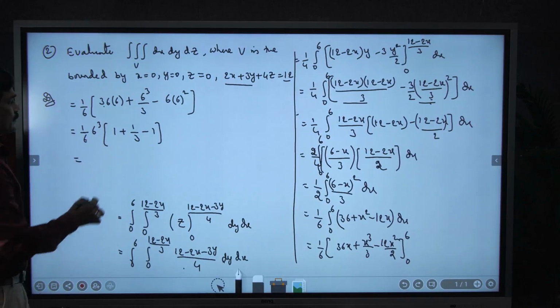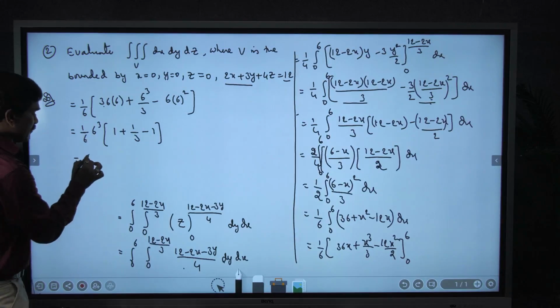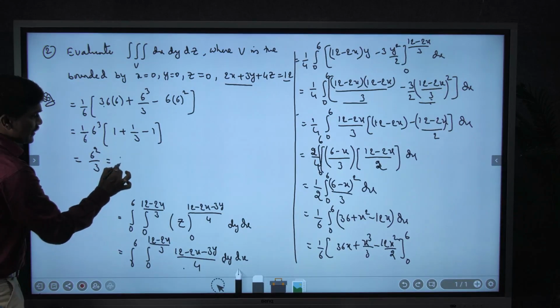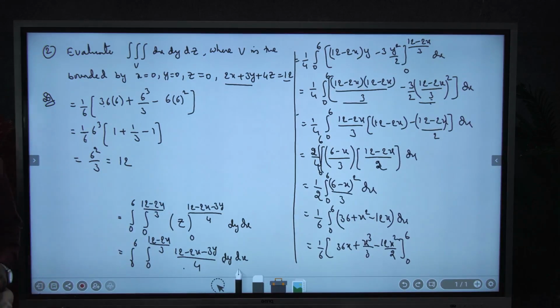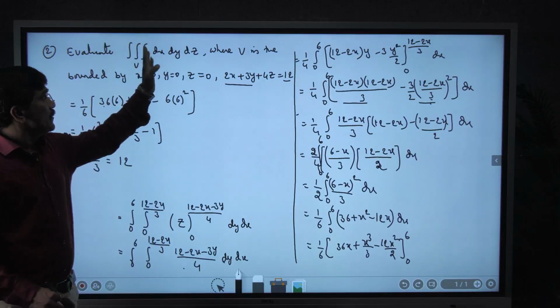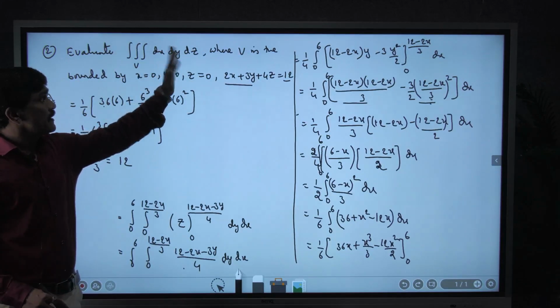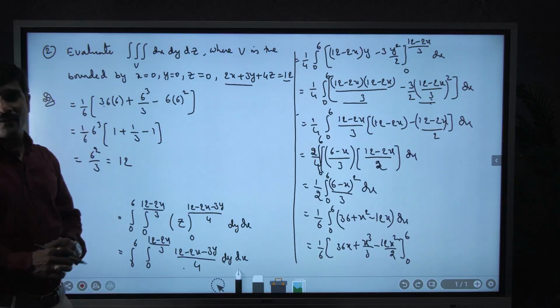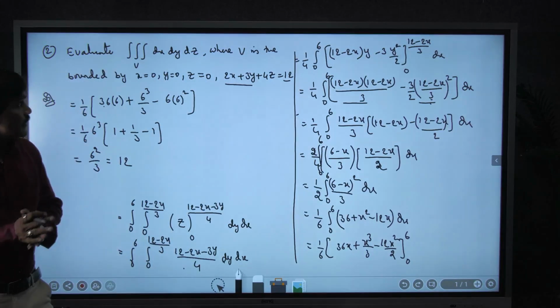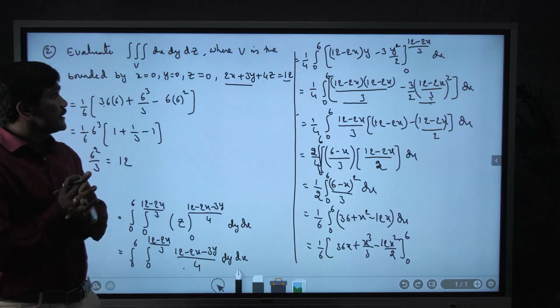That is equal to, 1 cancels, 1 by 3, here 6 square by 3. So finally we get 12, right? So this is the value of the triple integral dx dy dz. The volume is found by these planes, right? This is one example for the triple integral.